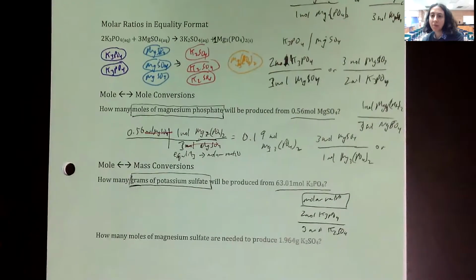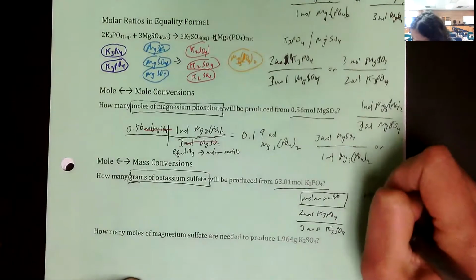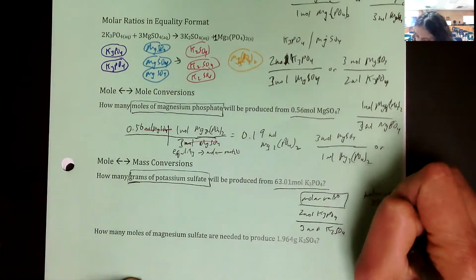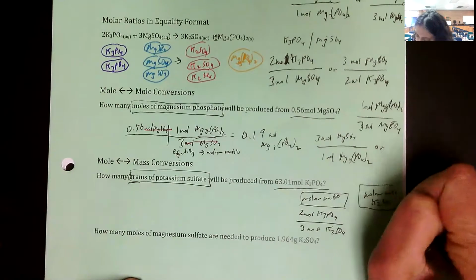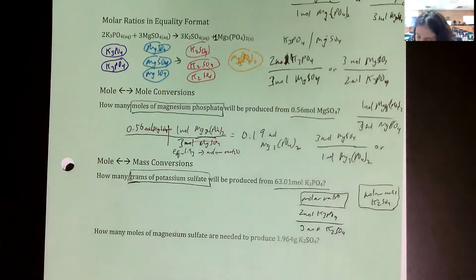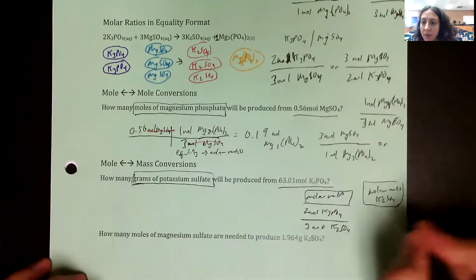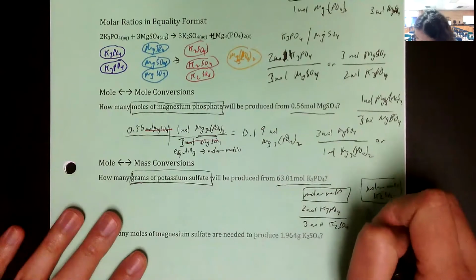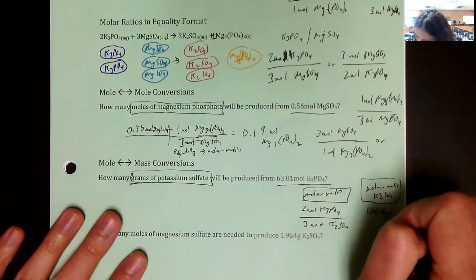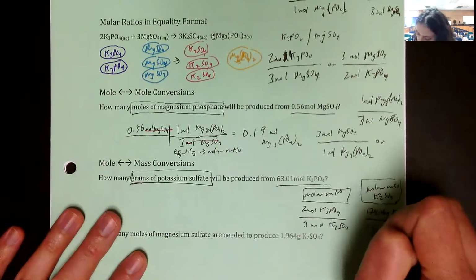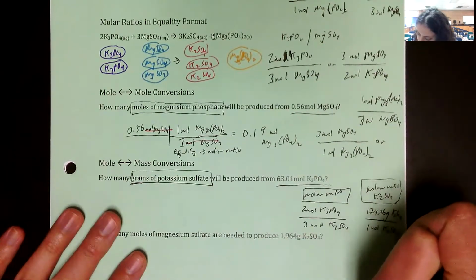And I'm also going to need the molar mass of K2SO4, because that's the thing I'm trying to find grams of. I already did the math on this one, but you could totally do it. It looks like it's 174.26 grams of K2SO4 for every 1 mole of K2SO4.